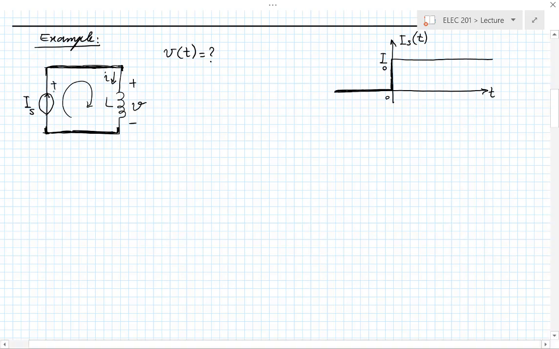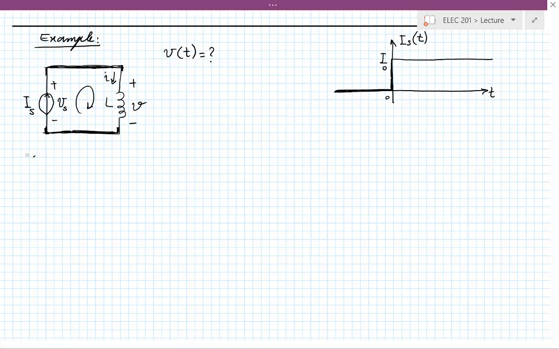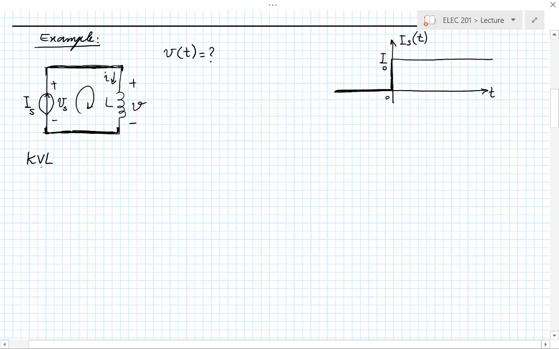So let's say this is V sub S, okay? So my KVL will be minus V sub S plus V equals 0, okay?